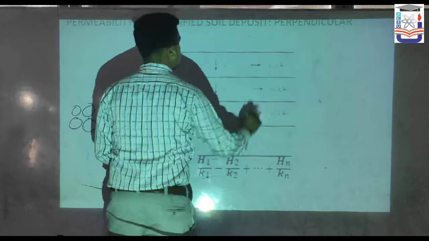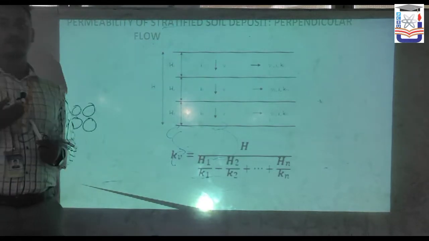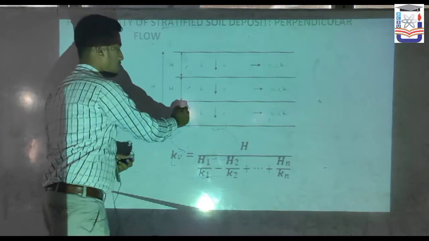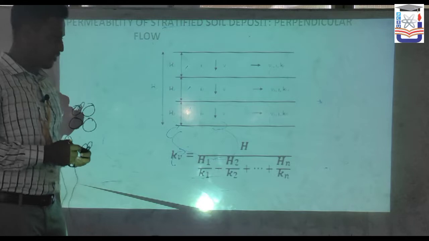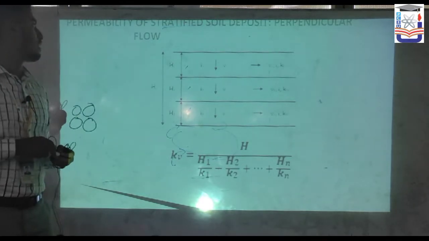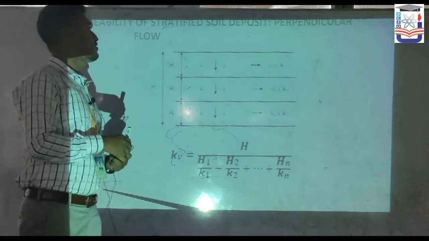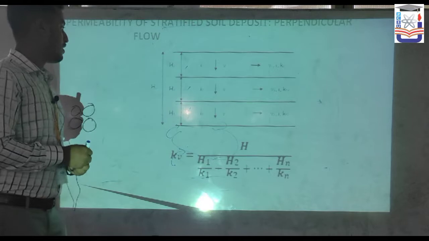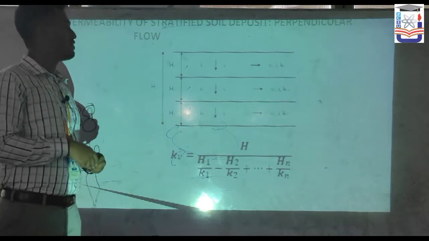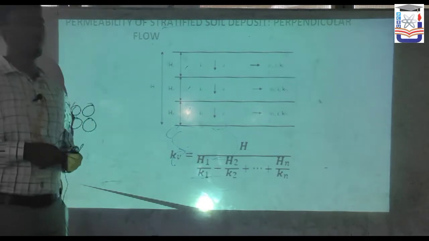Stratified soil deposit. Stratified means basically a bunch of layers. We can see some layers placed here, like layers 1, 2, 3. As my teammate Anindya Das told you about the parallel stratified soil deposit, we saw the formula to find the permeability coefficient for parallel flow.